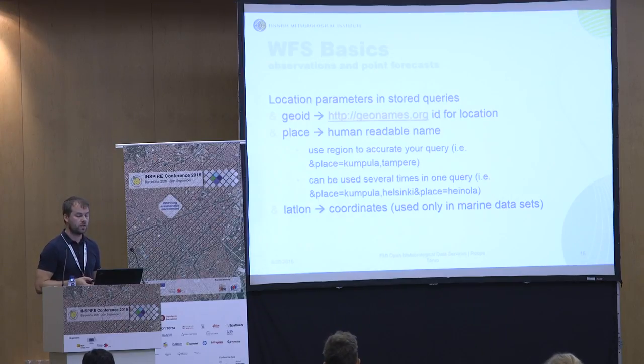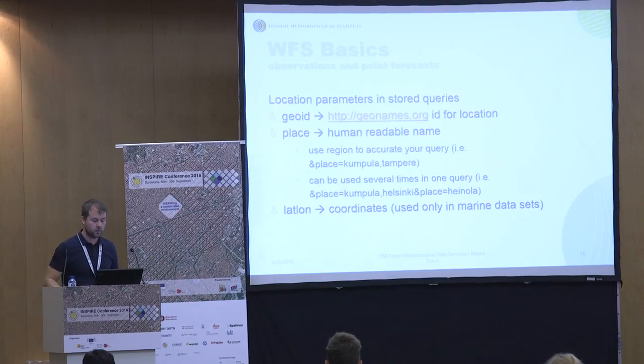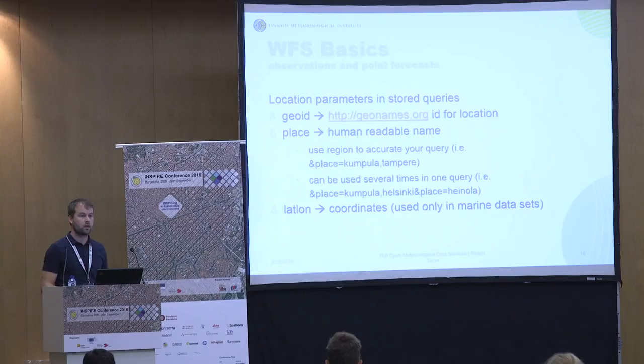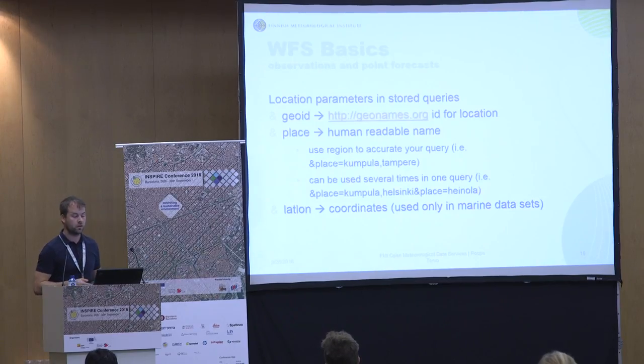We use geonames.org for the locations. And then you can also specify just a human readable name, for example, Barcelona. And that can be used several times in one query, so you can get many places in one response. Or then you could just use lat-lon coordinates.